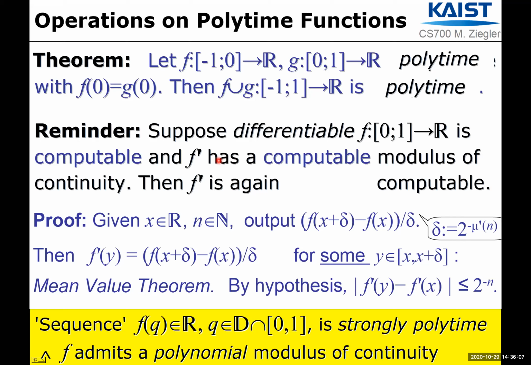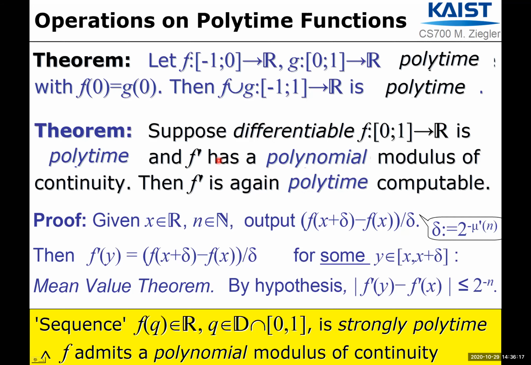And this characterization actually carries over to the complexity theoretic, the quantitative setting, namely if the original function is polynomial time computable and its derivative has a polynomial modulus of continuity, which is a necessary condition for the derivative to be polynomial time computable, that condition is also sufficient. It ensures that the derivative is indeed already polynomial time computable.